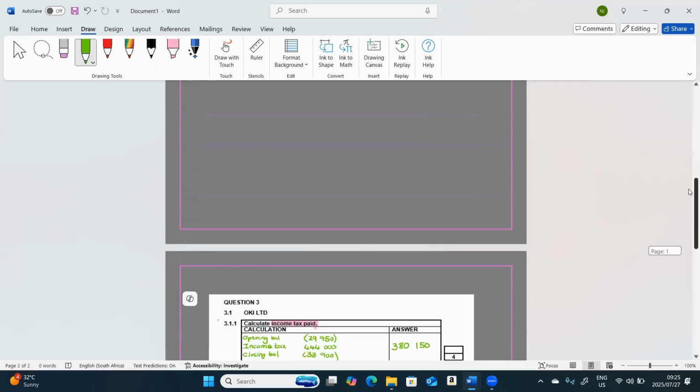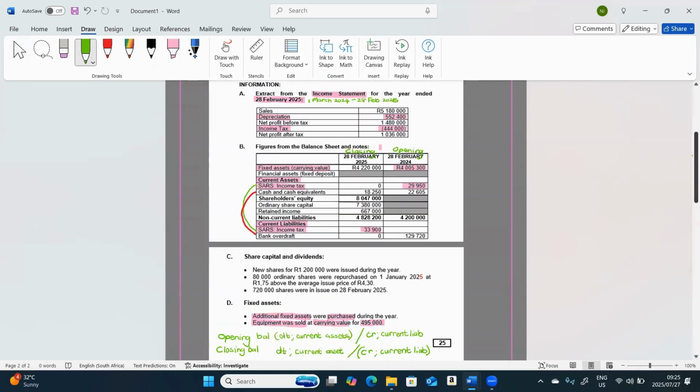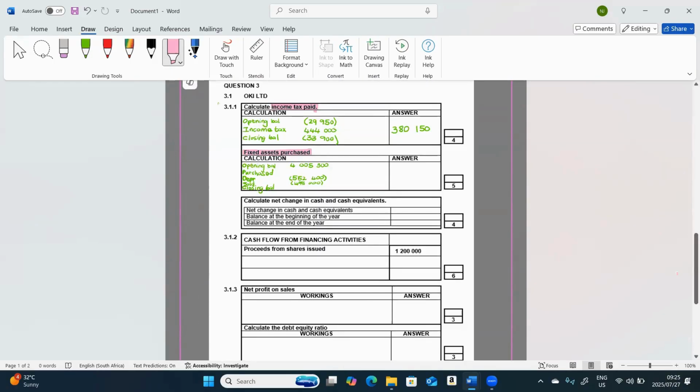And that is then given to you, right? Your closing carrying value is given to you as 4,220,000 rand. So we can go and write that in. So our closing balance is then going to be 4,220,000 rand.